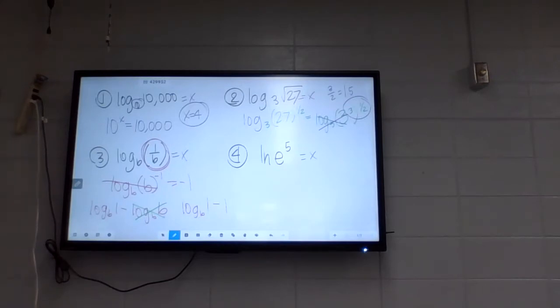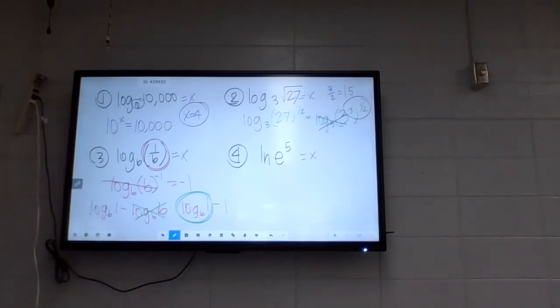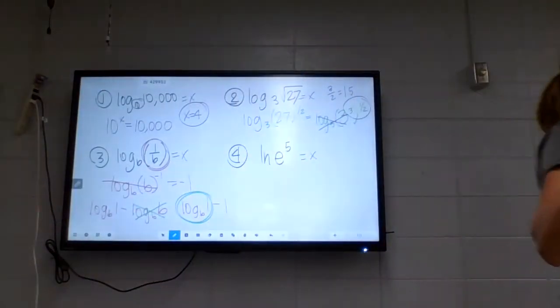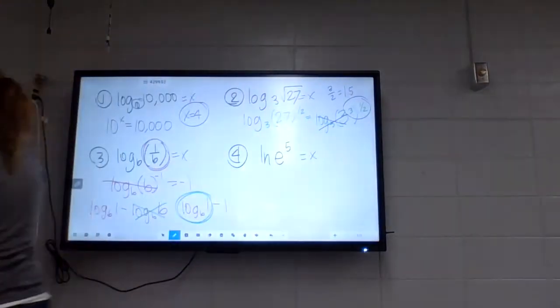Now I can't just subtract that and make that 0. So what I'm going to try and do is simplify this. What you can find out is that log of anything, like of 1, so if you do log of 1 in your calculator, it should be what? 0. It's 0. The reason for that, I'm going to go over on this board again.